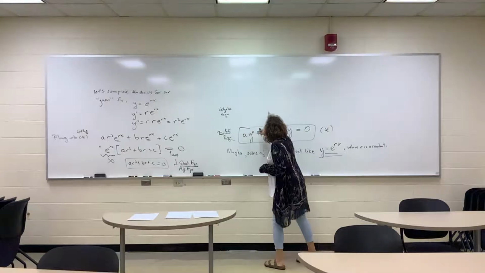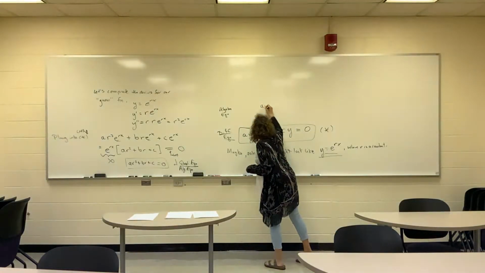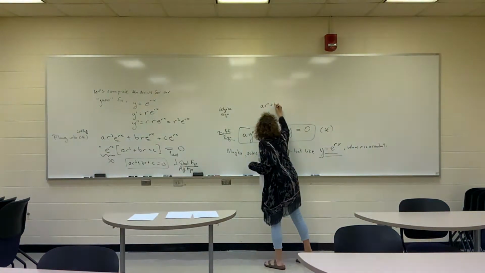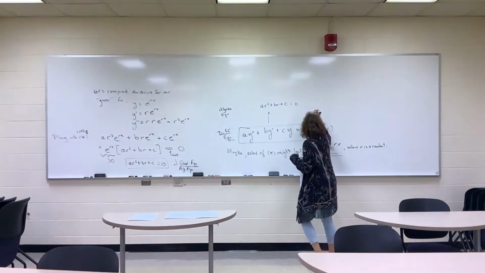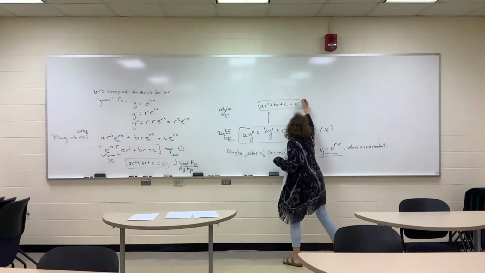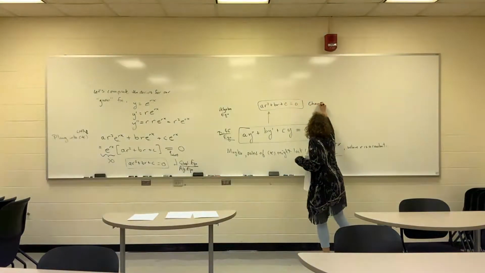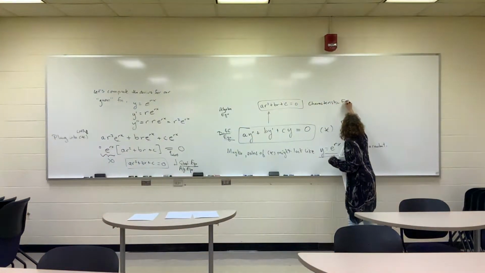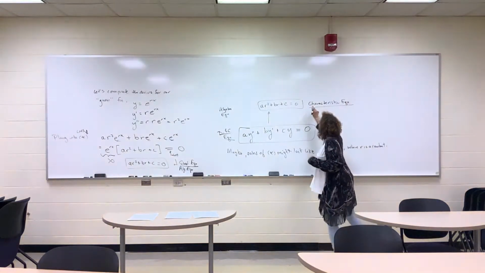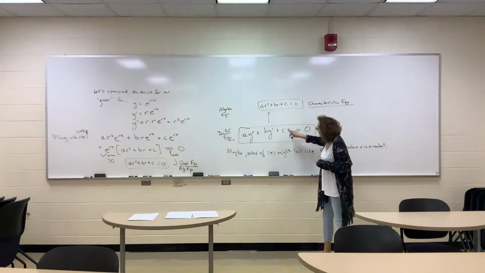And so this results in an equation that looks like AR squared plus BR plus C is equal to 0. In fact, that equation is so important, we give it a name and we call it the characteristic equation, because it is the equation that is characteristic of this ODE.